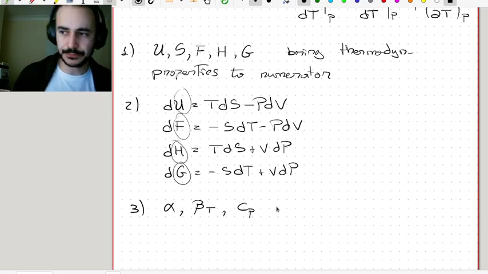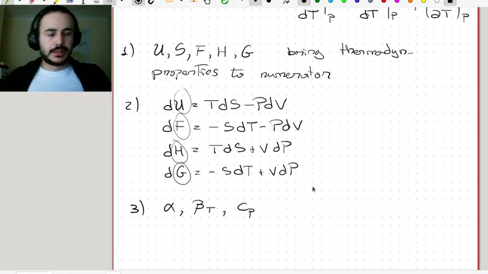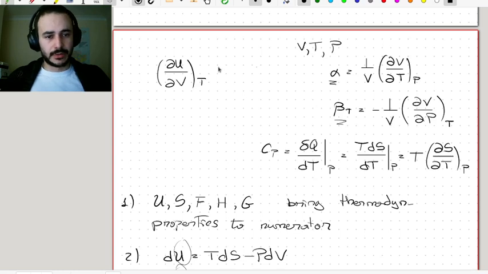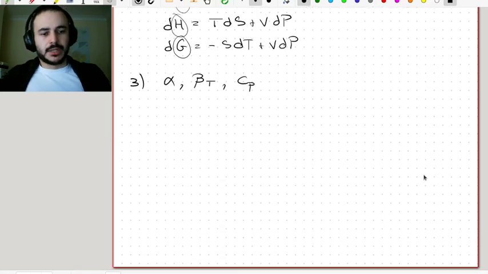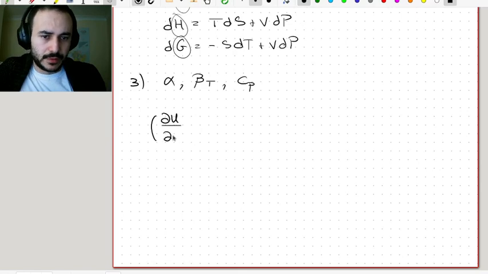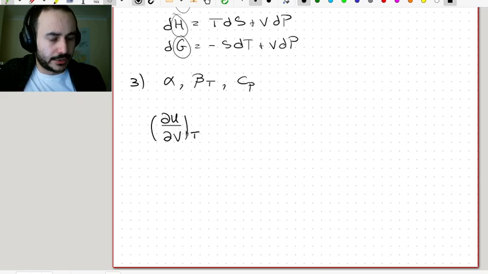Fine. So let's see how we can use this procedure in general to solve our problem of the partial derivative of u with respect to V at constant T. How do we do that? First step, the partial derivative of u with respect to V at constant T is already done because our energy is in the numerator. So what we do now is replace this du by the fundamental thermodynamic relationship.